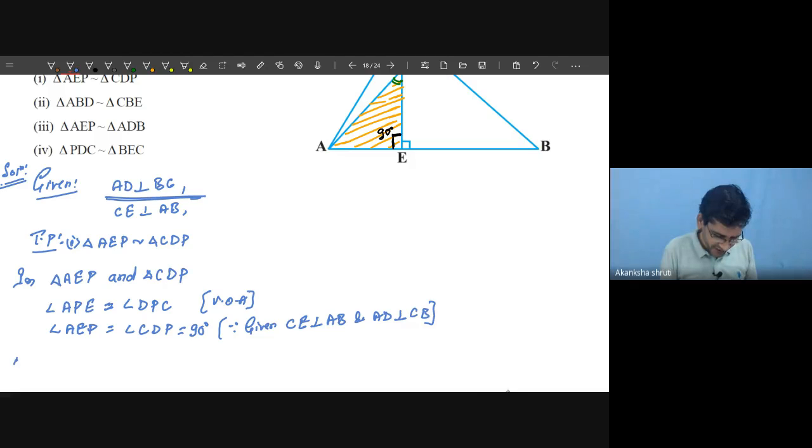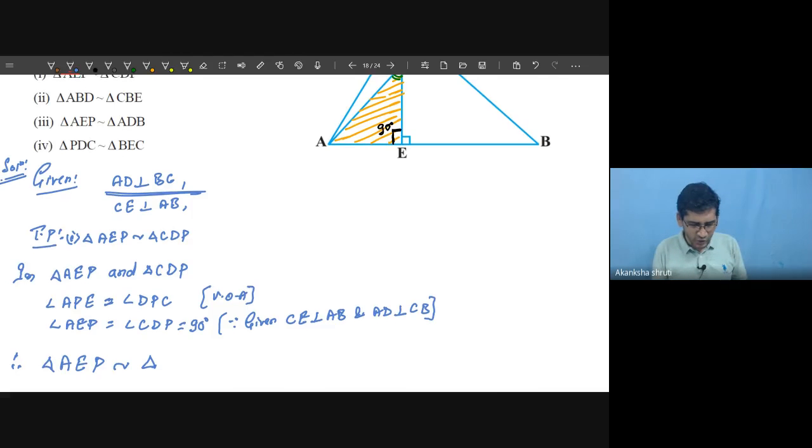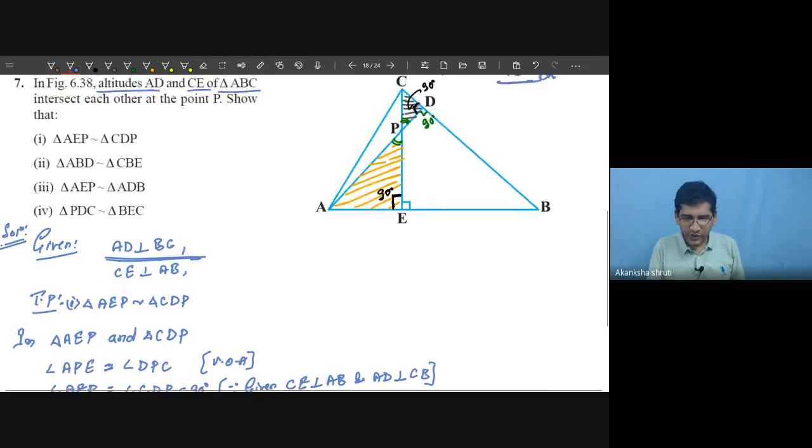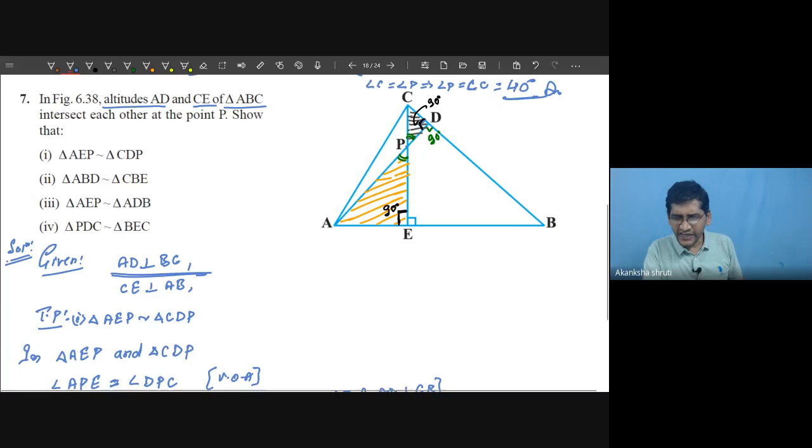So right, therefore, start writing the similarity. So triangle AEP is similar to triangle, now corresponding to A. What is corresponding to A? Right, now we could not allocate corresponding to A, but from this figure we are observing that the 90-degree vertex is allocated.